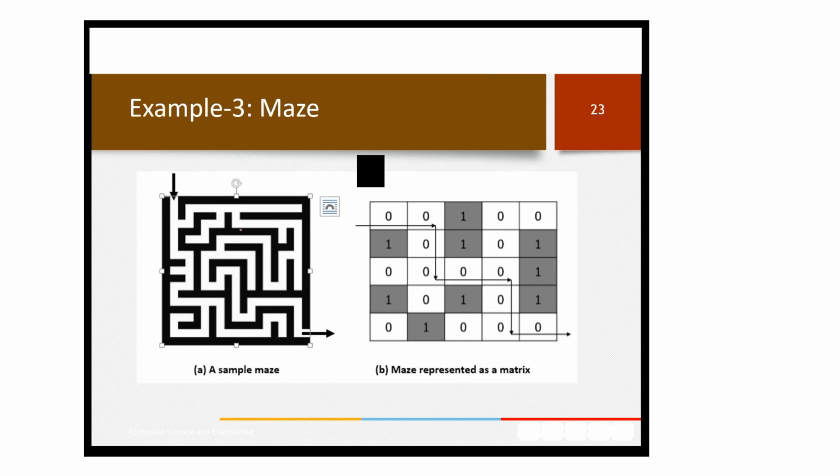And what are the other advantages or applications of stack? Yes, you have the maze problem, something like Harry Potter. I think most of you would have seen. So this is a maze where the rat, for instance, enters here and it has to exit here. And the black ones are called the walls.